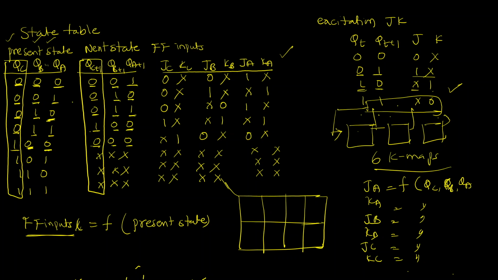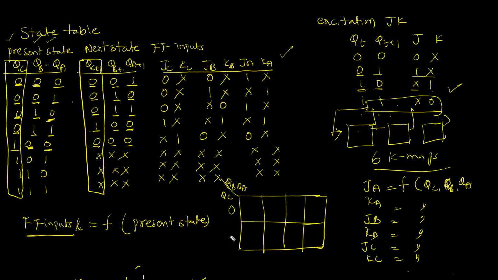Let's say I enter the values for JC, with QA, QB, QC. QA is the LSB, QC is the MSB. So we write QB, QA along one side and QC along the other.